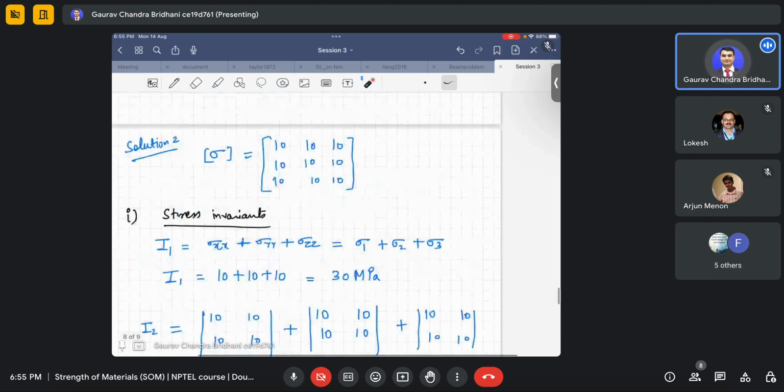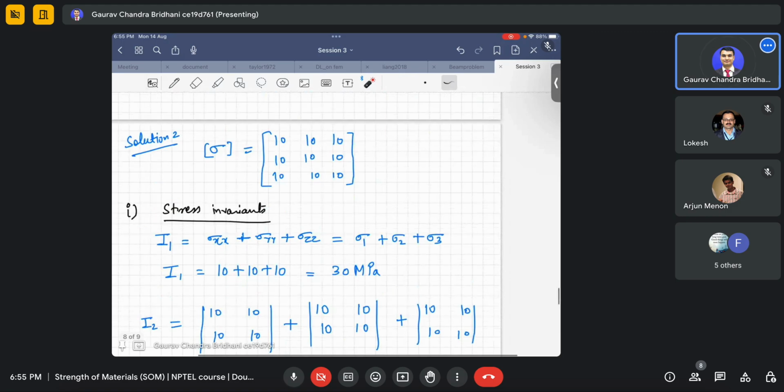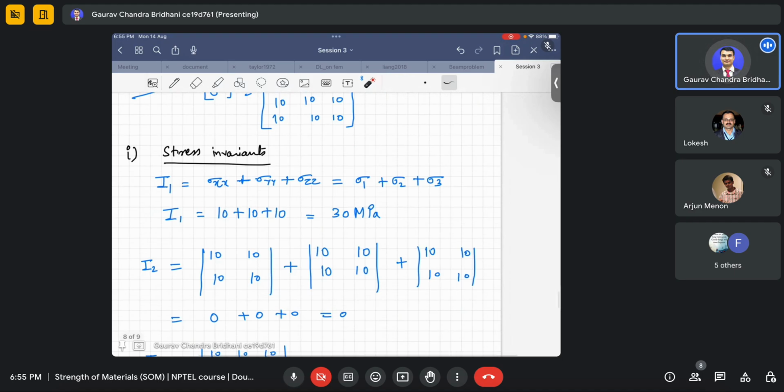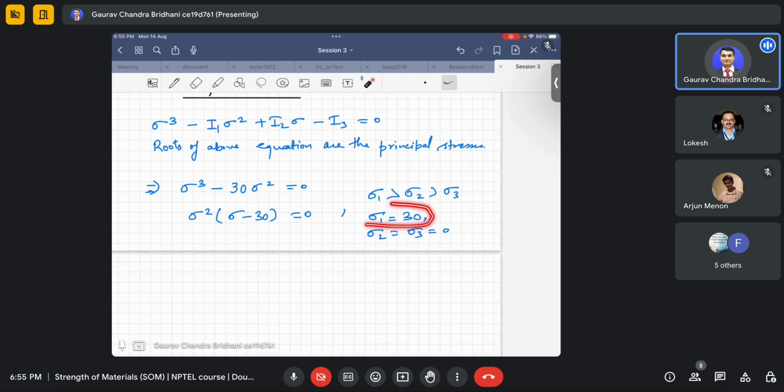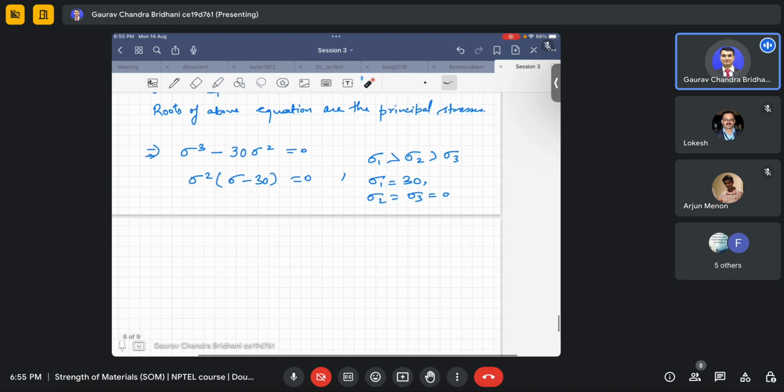That means this state of stress which is given here is actually a uniaxial state of stress, and that is the part we will do later on. Because there is only one principal stress, all others are 0. So this is a way to find the principal stress. We found sigma 1, sigma 2, sigma 3.